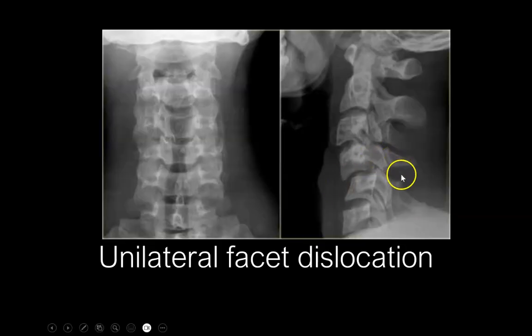And this is an example. Unilateral facet dislocation, a translation movement of C4 over C5, not exceeding 25% of the vertebral body. And you can see here that it should be here, and this is a partial dislocation, or dislocation in one facet.